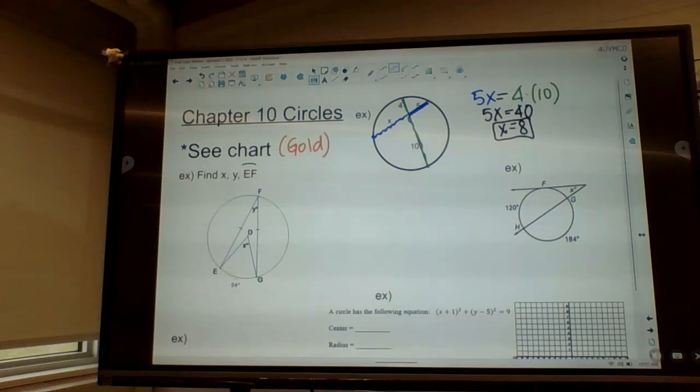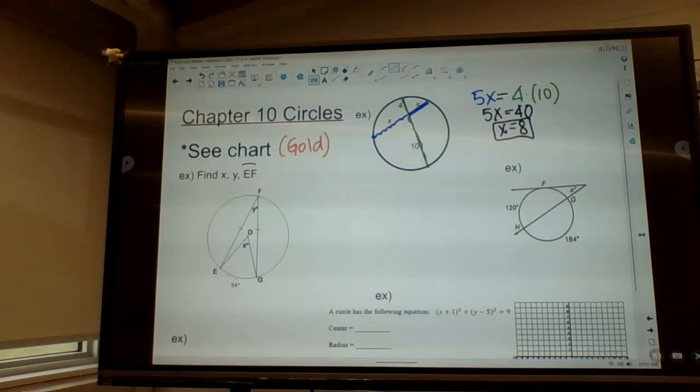Our next one here is talking about the equation of a circle and graphing that circle based off of that equation. So hopefully we remember x minus h squared plus y minus k squared equals r squared. That's our formula. Now remember, in the formula it has that minus h minus k.